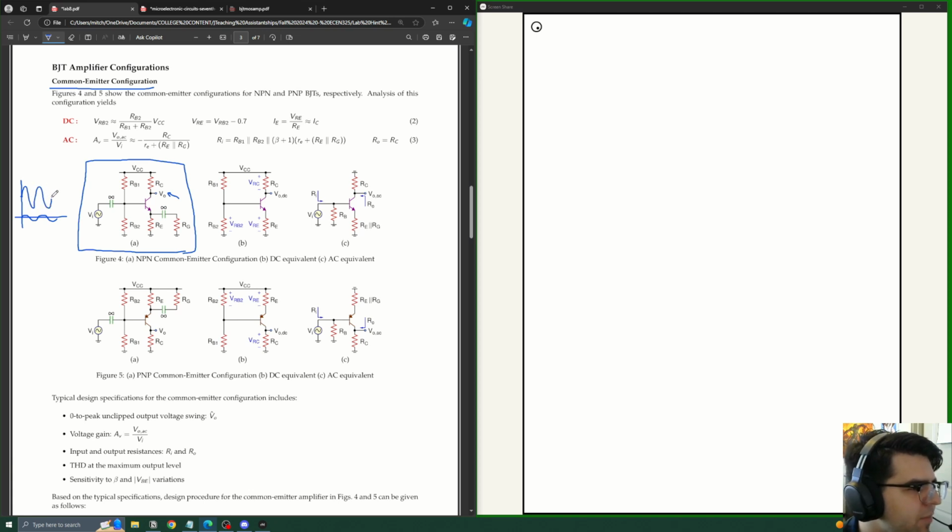The main deal is that we need to select the output DC voltage such that when we're swinging around this point, we don't hit the power supply at the top, and we don't push the collector voltage too low, such that the collector to emitter voltage is too low and pushes the transistor into saturation, because that's how we get distortion.